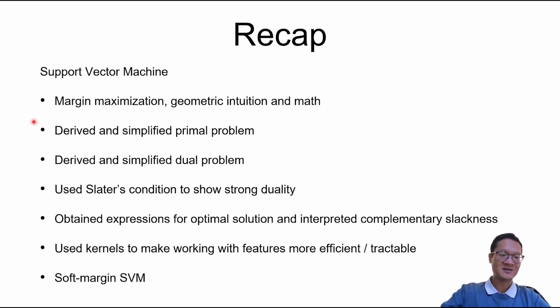And finally, we said that, okay, maybe using directly the data points doesn't always make sense. So why don't we use kernels? And using kernels was a more computationally efficient way compared to using features, but it's actually equivalent to using features. And finally, we talked about soft margin SVM, which we will continue to discuss today.